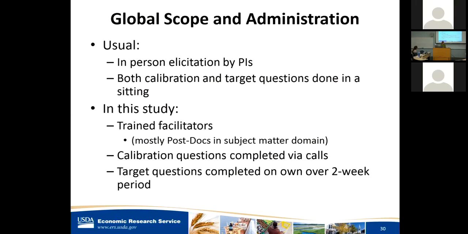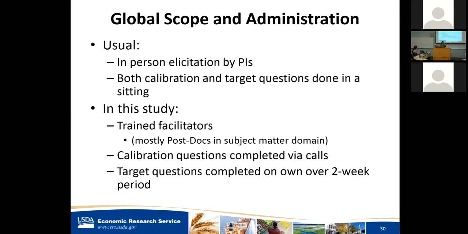The calibration questions themselves were answered during that phone call. One of the things that's important is that we're trying to get at judgment under uncertainty. So to create that condition, we explained the importance of not looking for information to our respondents, and the function of those questions: that we in fact wanted them to be uncertain and not to have access to that information, and didn't expect that they would know these.